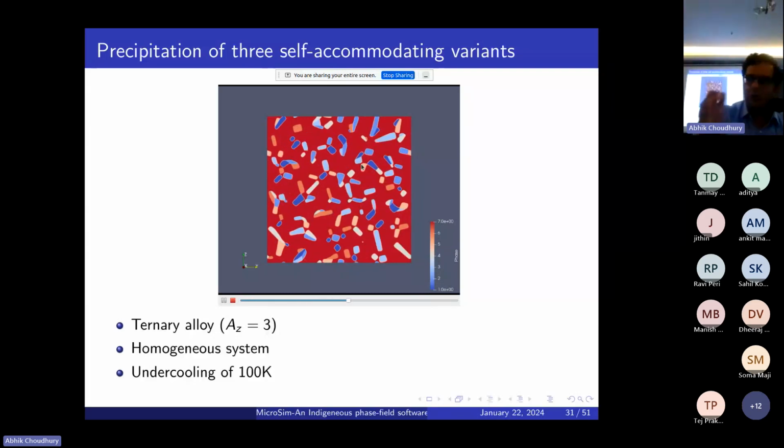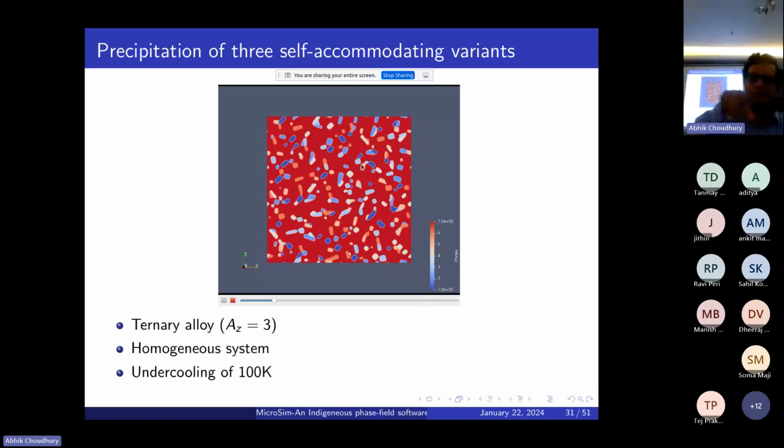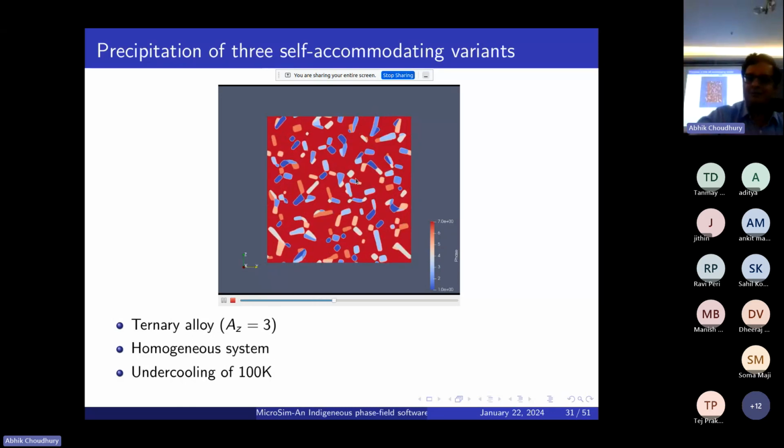But here it is more than the interaction of the diffusion fields: you have interaction of the elastic fields that emerge because of the different precipitates that exist and their types. They essentially self-organize to minimize the elastic interactions, thereby the energetic cost of growth, and that is nicely coupled because of the multi-physics nature of the problem.